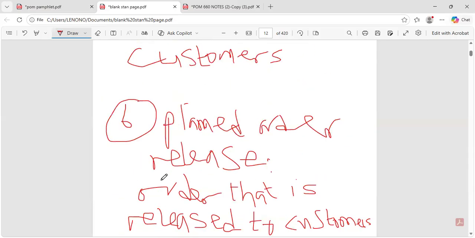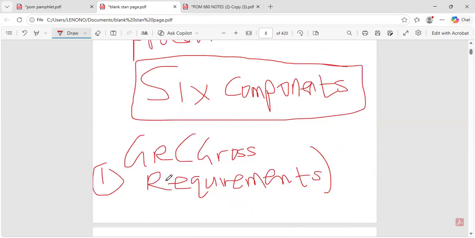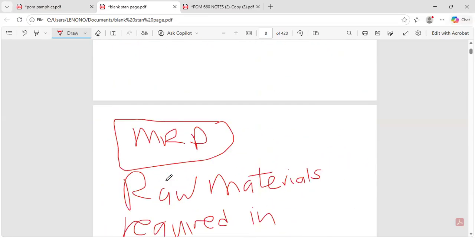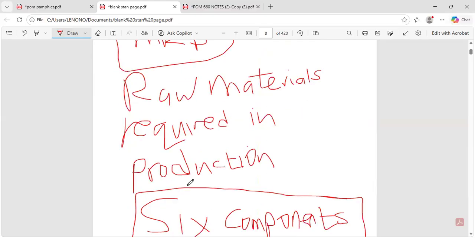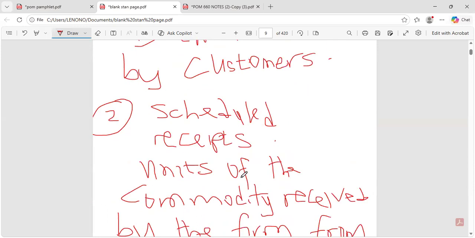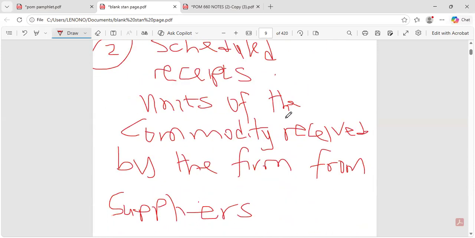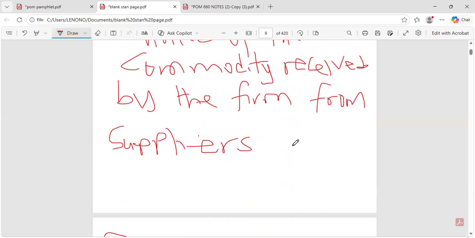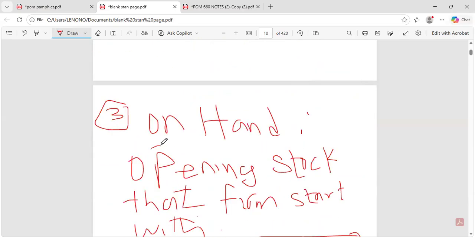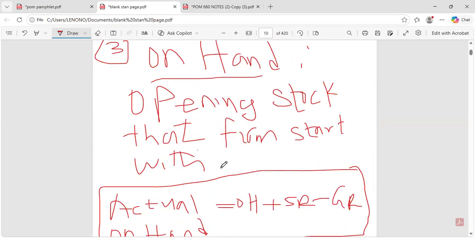Right, so these are the 6 components that we have in MRP. So the gross requirements, they are demanded by customers. Scheduled receipts, units of commodity received by the firm from suppliers. On hand is opening stock that the firm will start with.